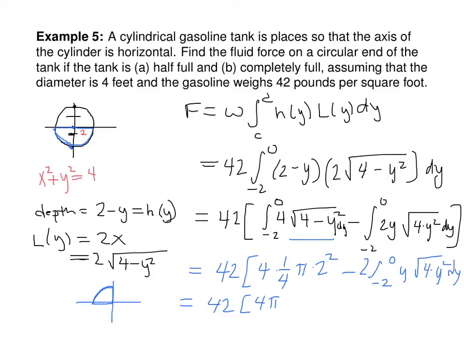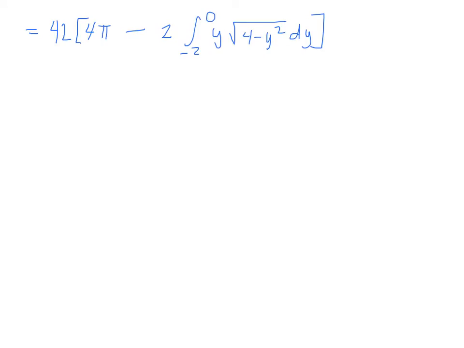We have to use a u substitution to solve, so we will go through that together. You can no longer use the symmetry to conclude that this integral is 0 because your interval is no longer symmetric. Let's finish computing this integral. Now to evaluate the second integral, we will let u equal 4 minus y squared.